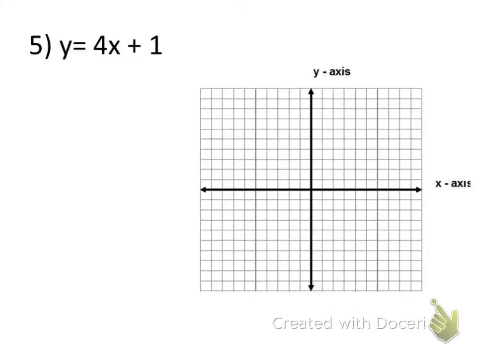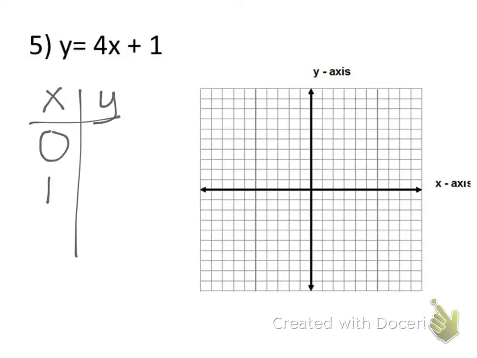All right, last one for our notes today. It's y equals 4x plus 1. So any x that we plug in, we're going to multiply by 4, and then we're going to add a 1 to that. All right, so what do you guys want to plug in? 0, 2.